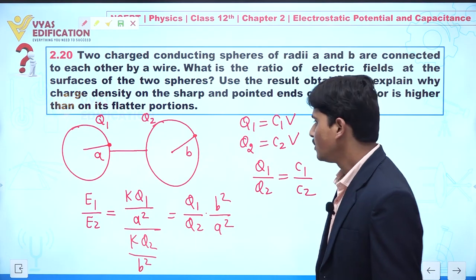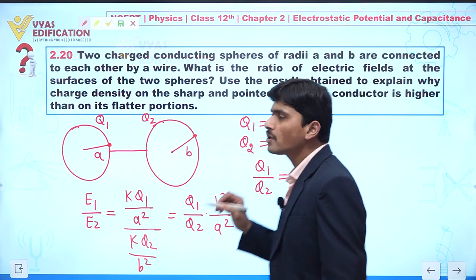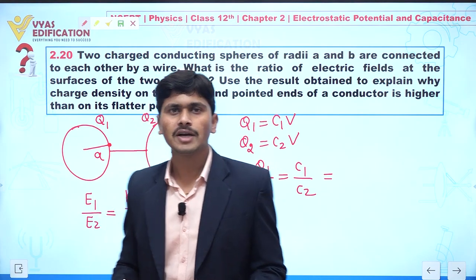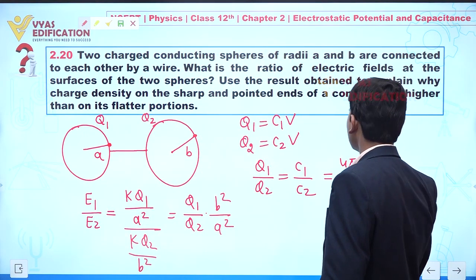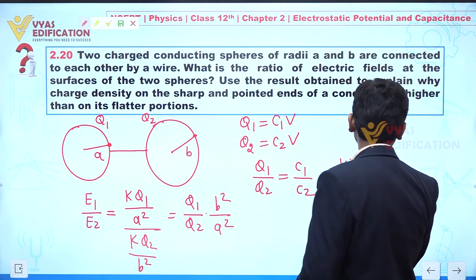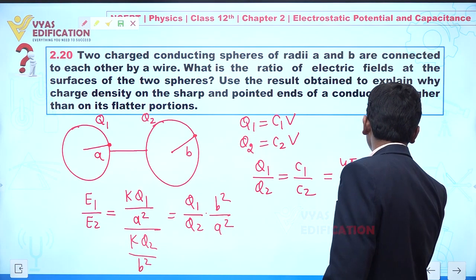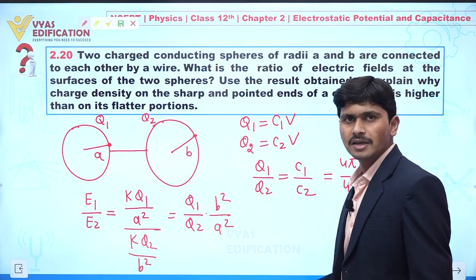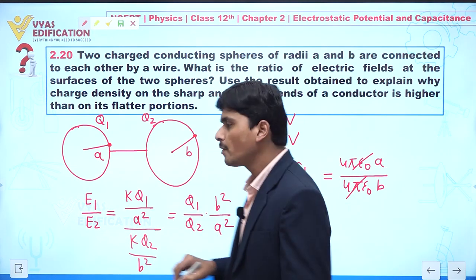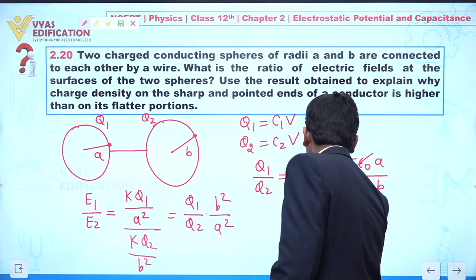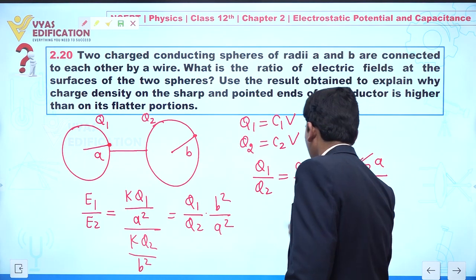Now for an isolated sphere, the capacitance is 4 pi epsilon naught multiplied with R. So this is multiplied with A, and we can also write 4 pi epsilon naught B. This one and this one cancel out. So from here Q1 by Q2 equals A by B.